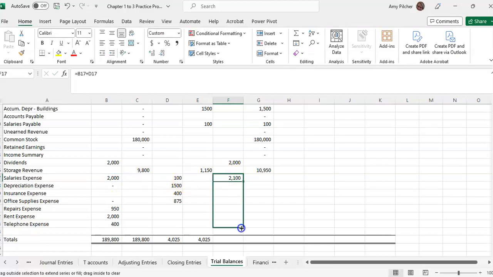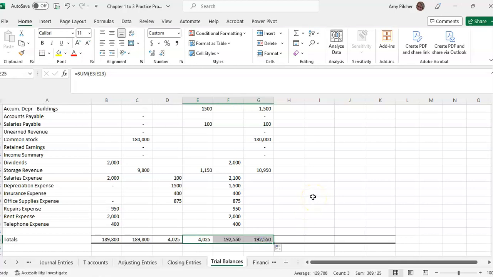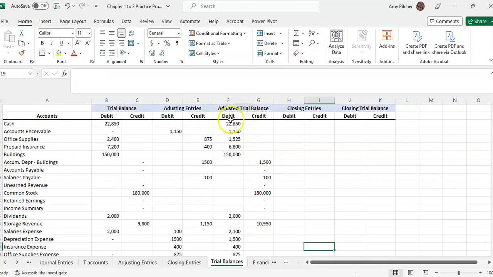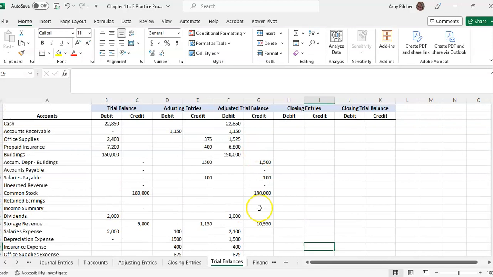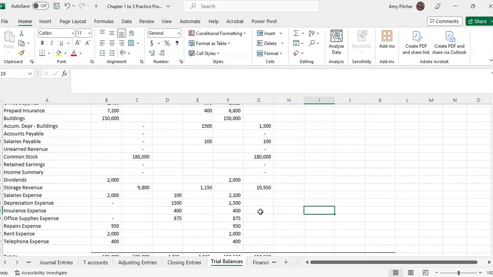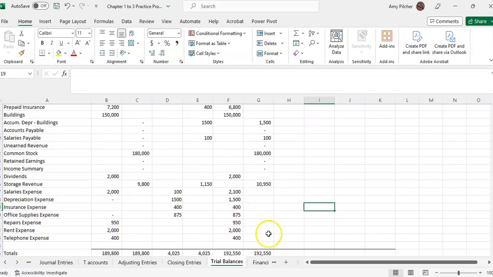So pull that all the way down. Okay, so if we did that correctly, our adjusted trial balance should be complete. Okay, this should be the current balance in all of our accounts after adjusting entries and posting entries. And we have our full adjusted trial balance. Okay, so now what is left are financial statements and closing entries, and we're going to put that in a different video.